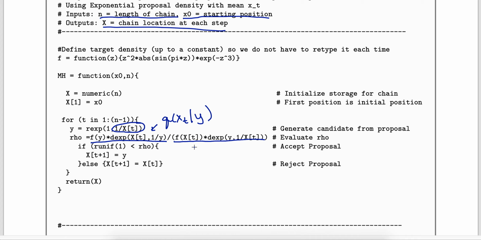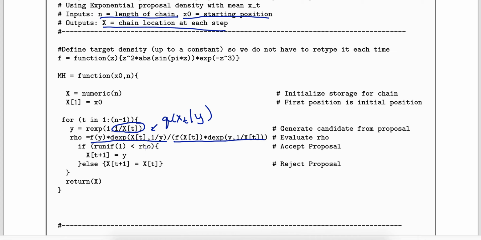Then I need to generate a random number to figure out if I'm going to accept or reject that proposed value. So a uniform 0, 1 will be less than rho with probability rho. So if rho is bigger than 1, if this ratio, so that was the minimum of 1 and whatever this ratio is.